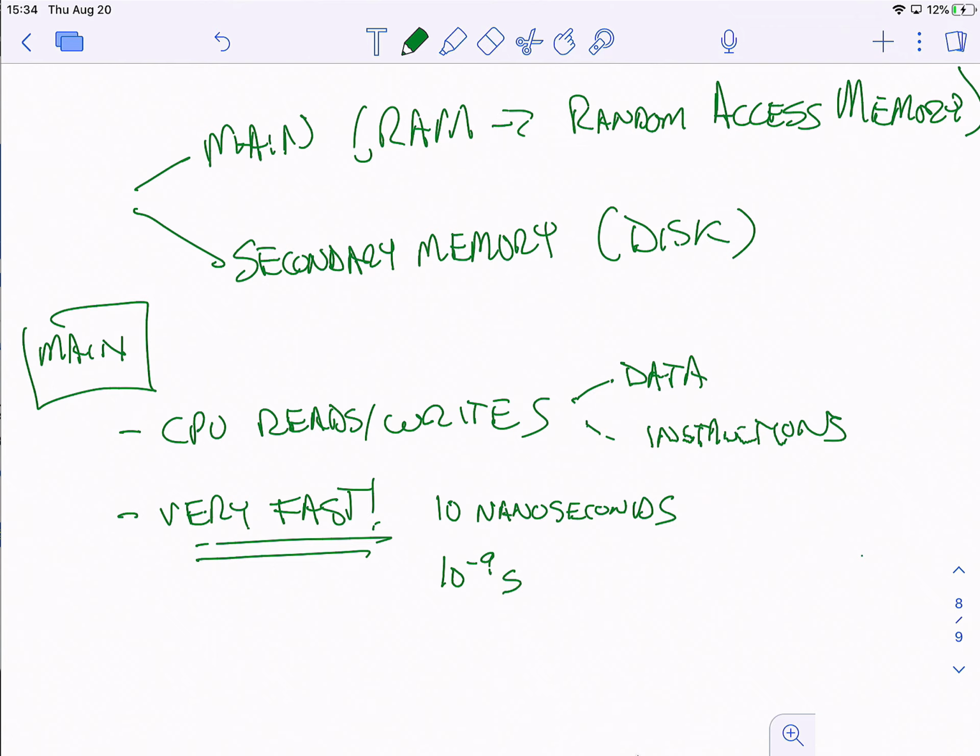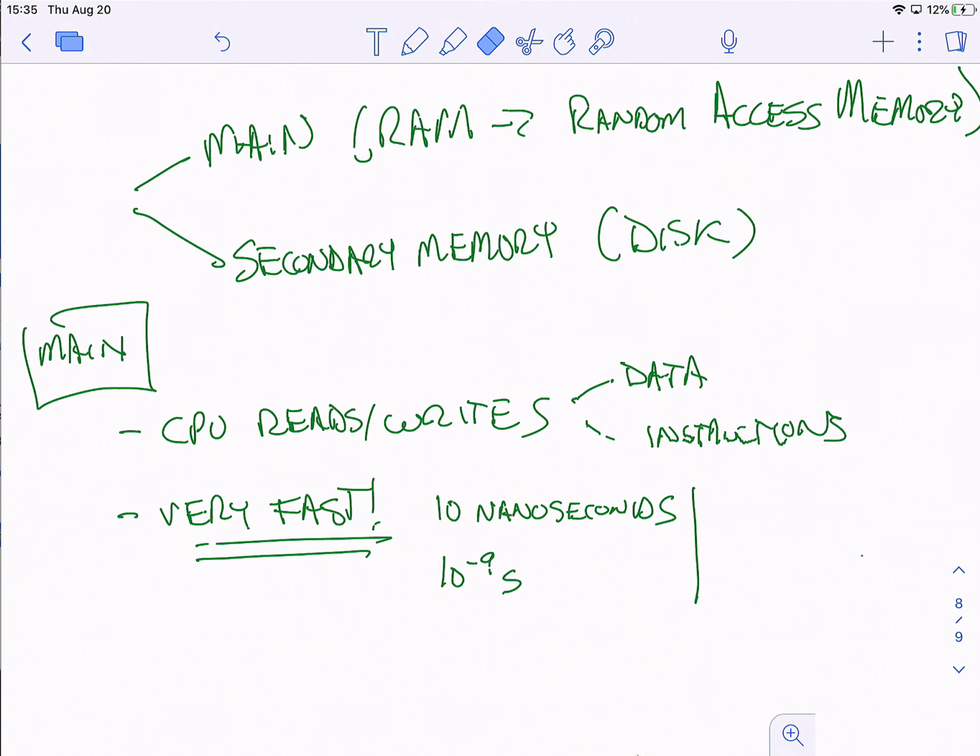Now, if you want to compare that to something, the fastest, twitchiest video game playing, button pressing human being can do something on the order of maybe 0.1 seconds, a tenth of a second, or 100 milliseconds. That's really what I wanted to write here.